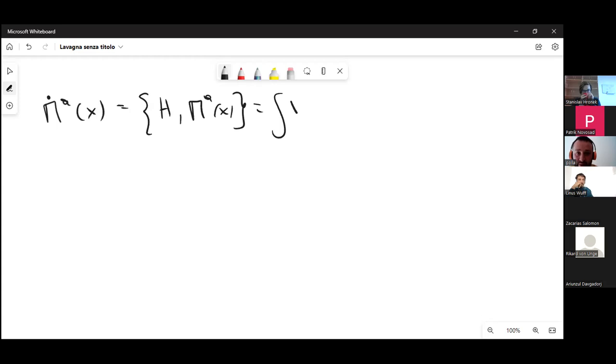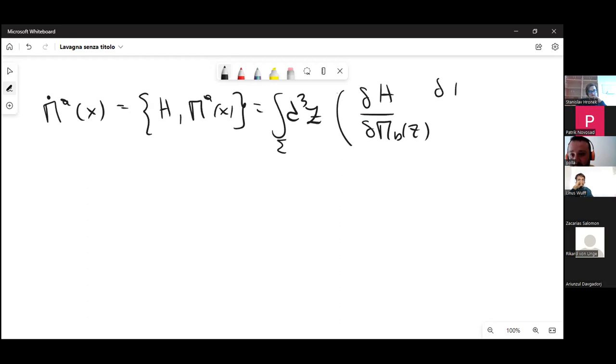And we can compute it because now, working in a manifold, we have the integral over d3z, of course, on sigma of the variation of the Hamiltonian. First the Hamiltonian, then the densitized delta pi^a(z) and delta pi_a(x) delta N^b(z), minus the opposite.